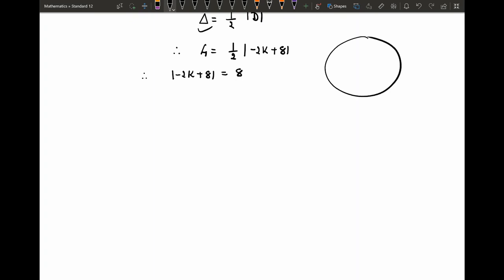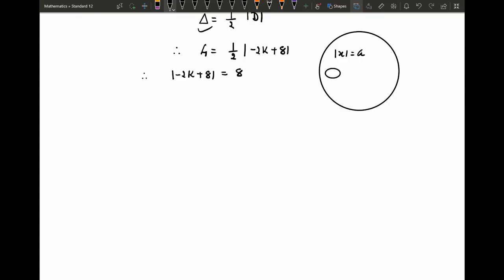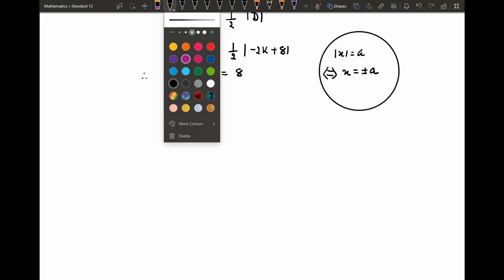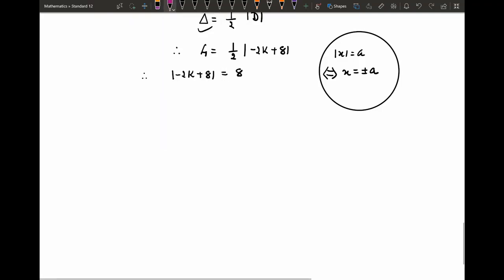Now we use the property: when we remove the modulus, we have to take plus minus. If mod x equal to a, then we know x equal to plus minus a. So if we use this property, first we take plus, the second time we take minus.